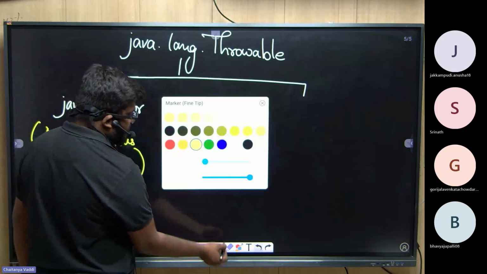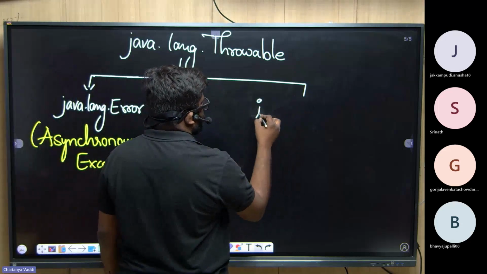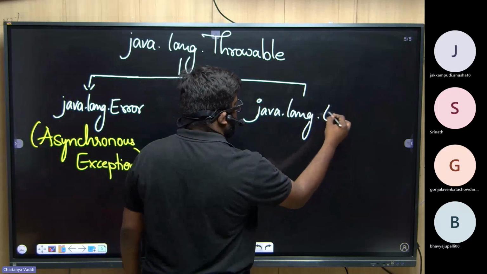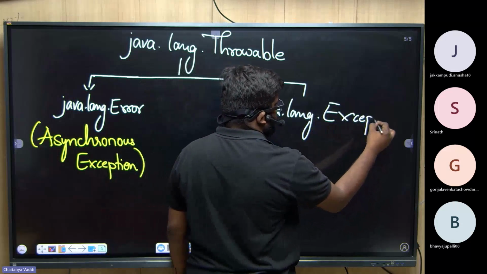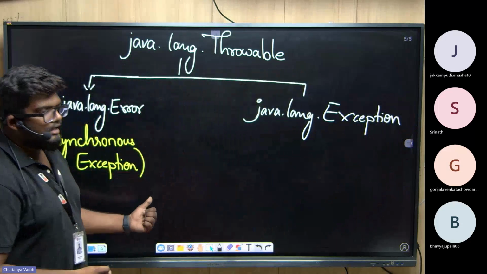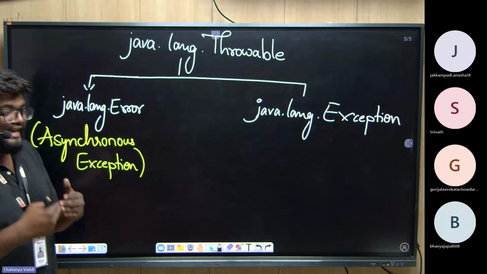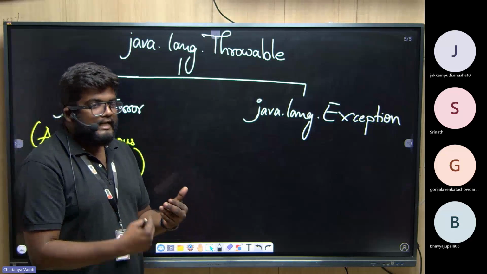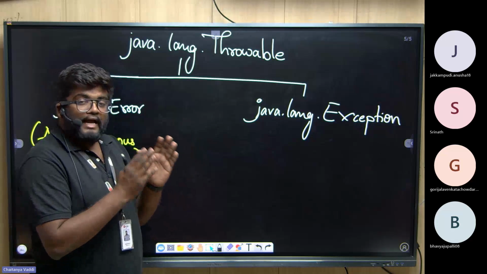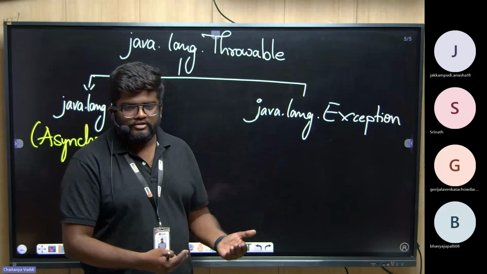Whereas on the other hand, you have java.lang.Exception. Yes, Exception is a class, Error is a class, which are helping you to classify all the different types of errors and exceptions. Let's say there is ArithmeticException, ArrayIndexOutOfBoundsException, StringIndexOutOfBoundsException.